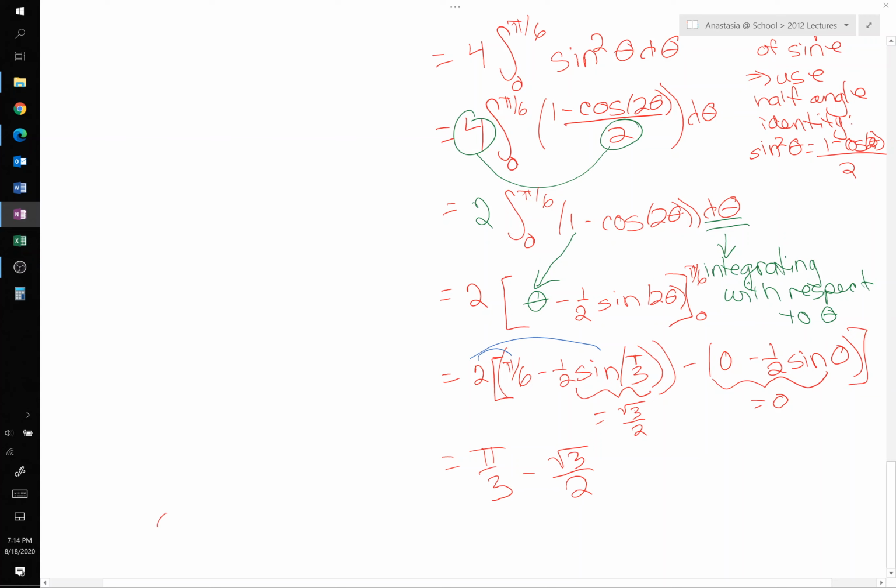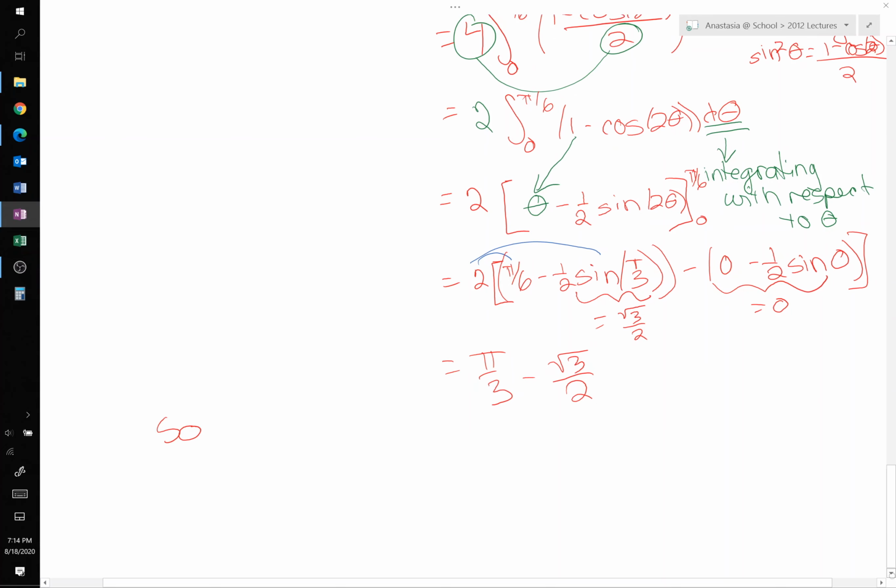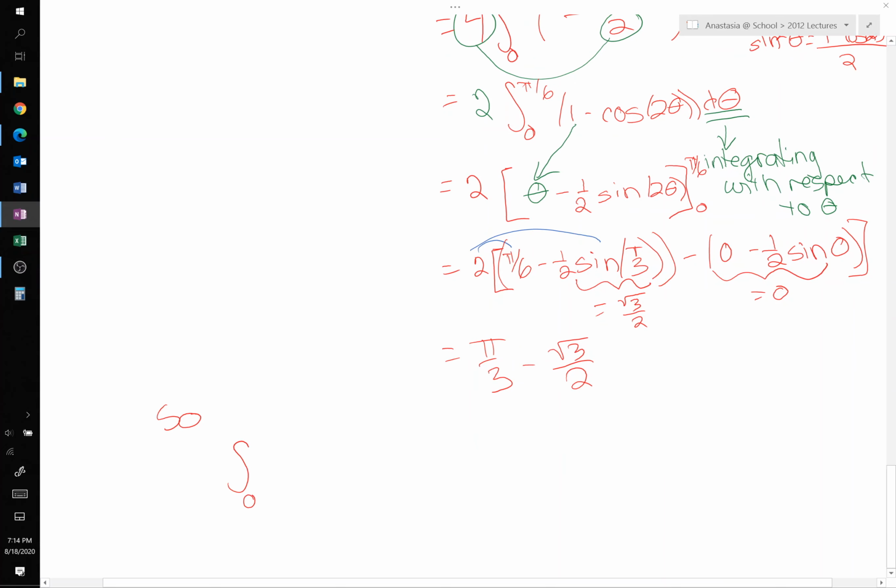So in summary, the integral from 0 to 1 of x squared dx over the square root of 4 minus x squared is equal to pi over 3 minus the square root of 3 over 2.